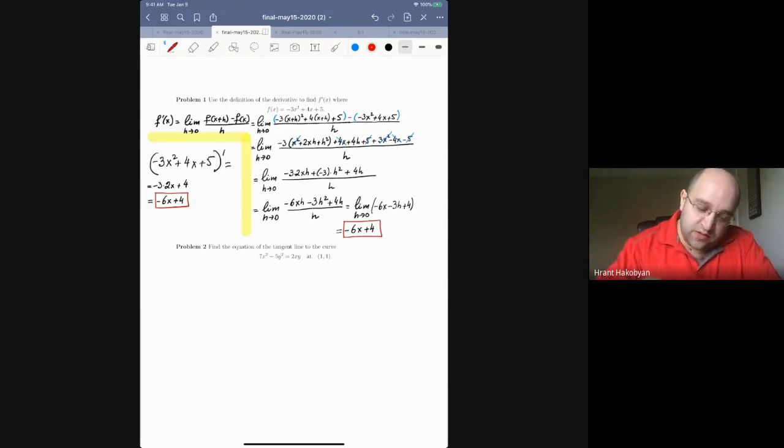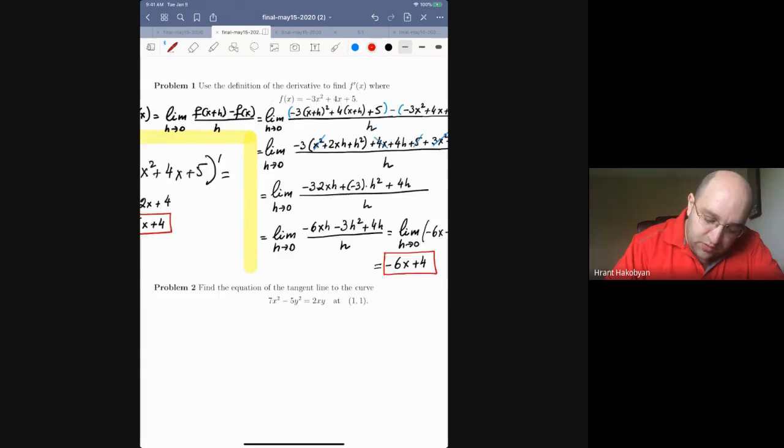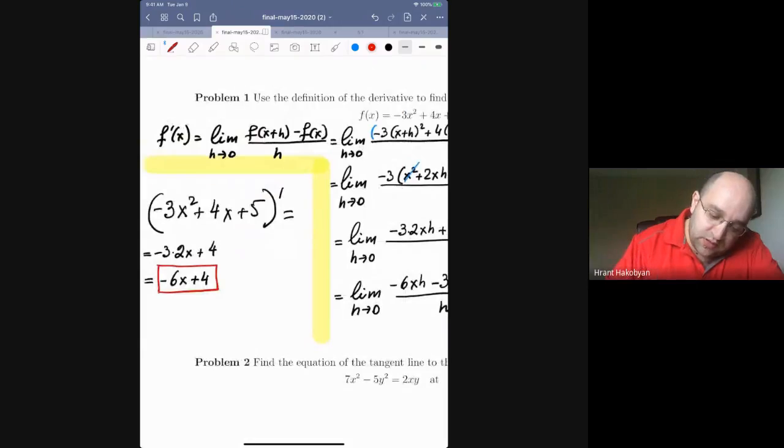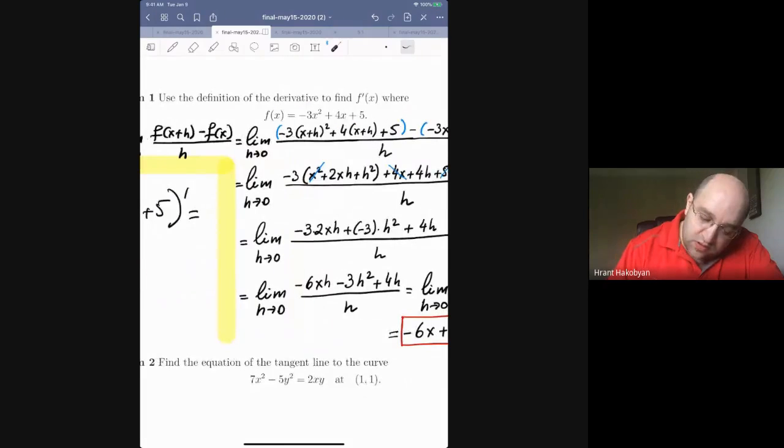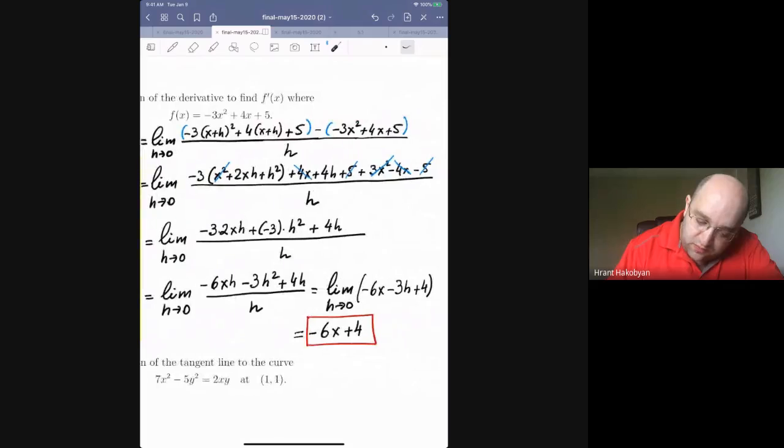Okay, so for this problem we needed to remember what the definition of the derivative is. That's this limit. Instead of f of x, we plug in f of x plus h in the first term, and then we subtract f of x.